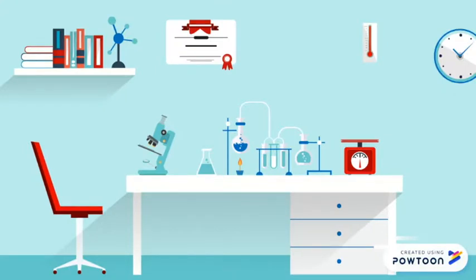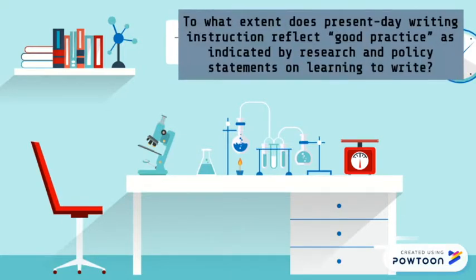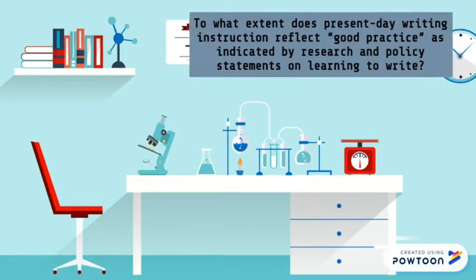So Appleby and Langer provide us with some really awesome questions to think about as we traverse the contents of this course. So first, to what extent does present-day writing instruction reflect good practice, as indicated by research and policy statements on learning to write? So what we're hoping to do over this is develop some good practice tips and tricks that we can incorporate within our content areas.